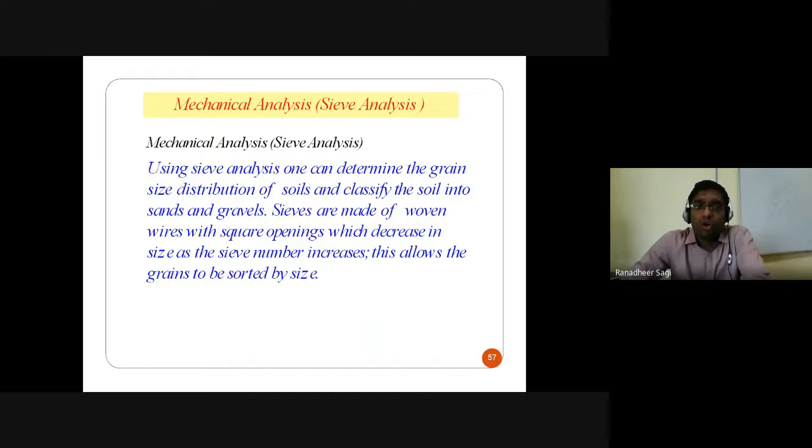Sieves are made of woven wires with square openings, which decrease in size as the sieve number increases. Whenever we talk about a particular sieve, that sieve can be designated by its sieve number or sieve size. I repeat, any particular sieve can be designated either by its number or by its opening size.